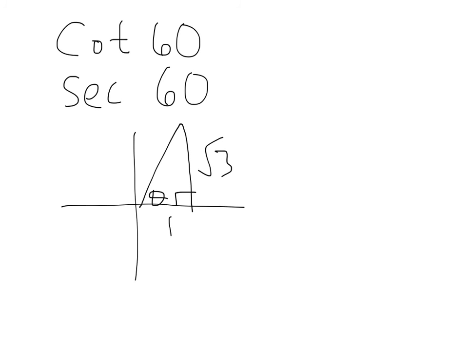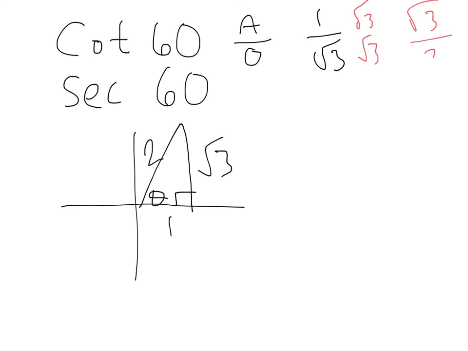This right here is 1, and this is 2. So cotangent, cow, is adjacent over opposite. So my adjacent is 1 over root 3. I can't have that. I got to make sure I rationalize, so I got to multiply by root 3 over root 3. And I end up with root 3 over 3 as my final answer.